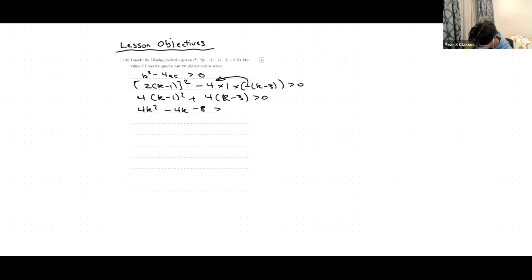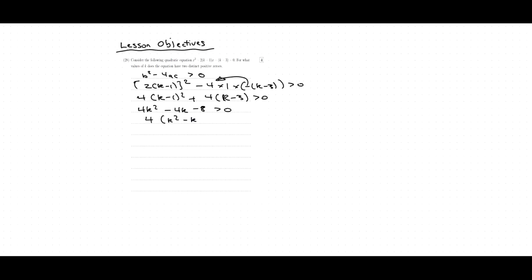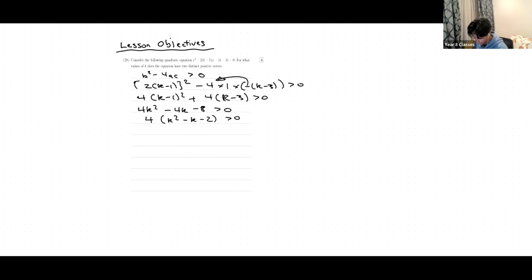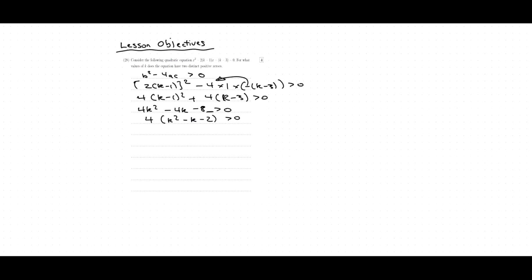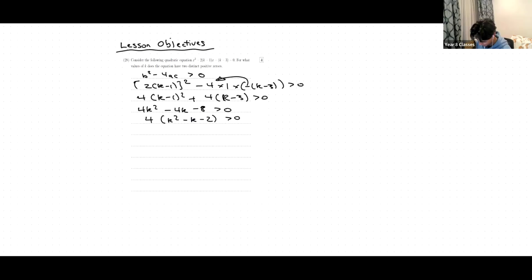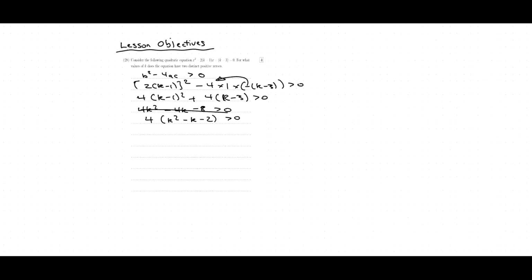Then you factorize out 4, you get k squared minus k minus 2. Wait, is it a minus 8k? It's minus 4k because there's two. Maybe it is 8k, I think. I'll just show you the expansion.